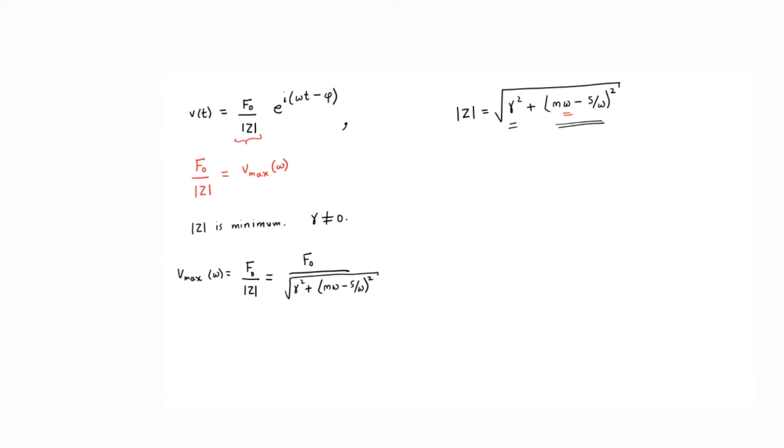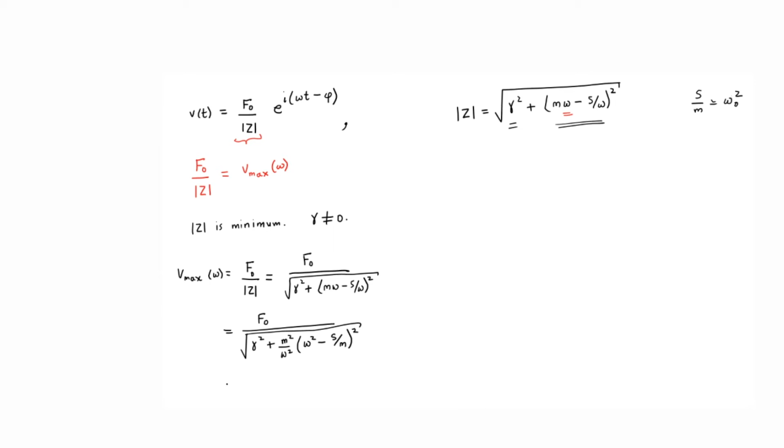And this, by a small rearrangement, I can rewrite as f0 divided by square root of gamma square plus, take m square by omega square out, in which case you will get omega square minus s by m whole square. And if you remember, s by m is our omega 0 square, or what we call the natural frequency of the system in the absence of dissipation, in the absence of forcing.